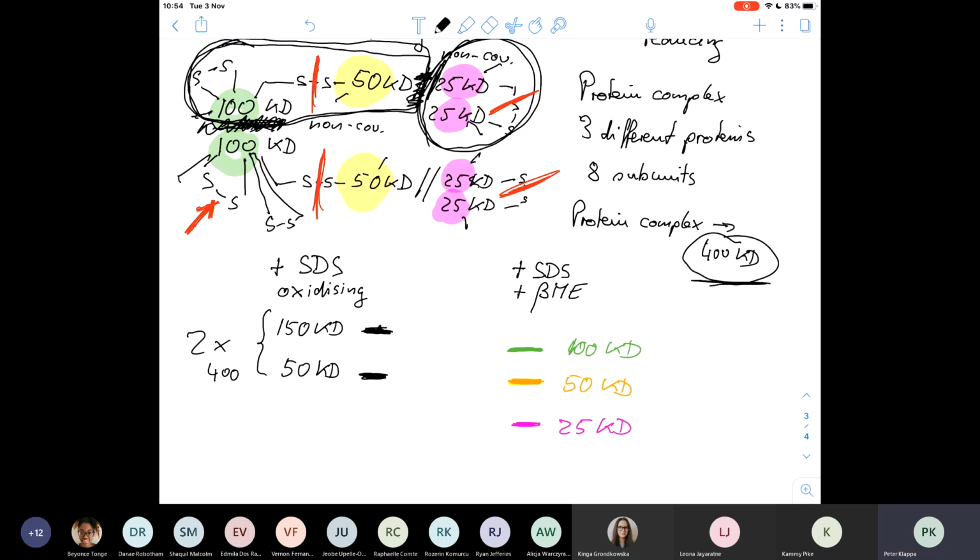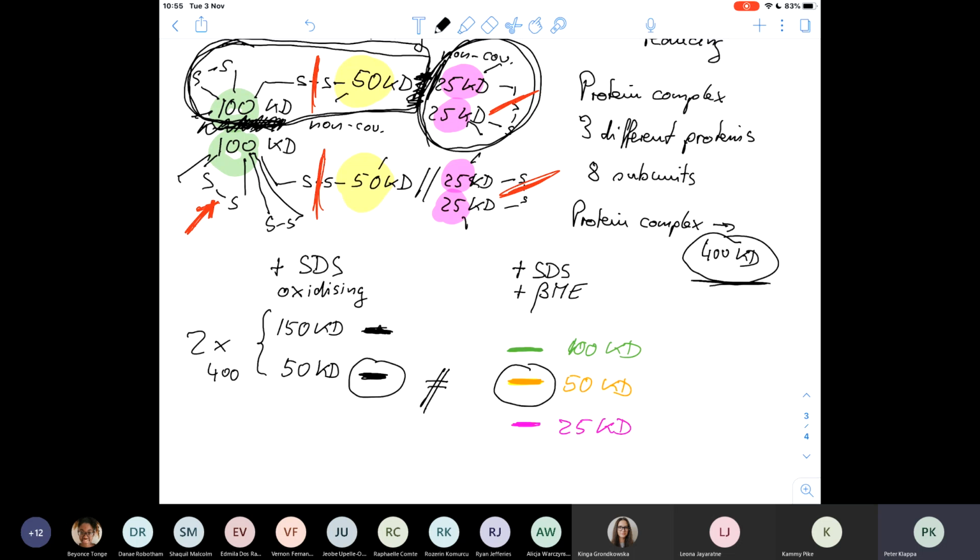One last question. Is this 50 kilodalton band that we got here the same as this 50 kilodalton band? Are they the same bands? Is this equal sign right? Absolutely not.